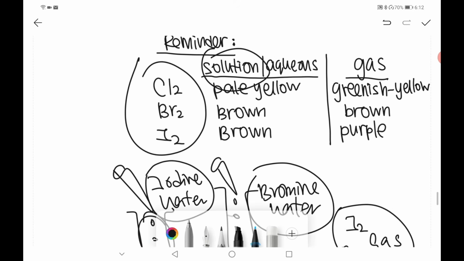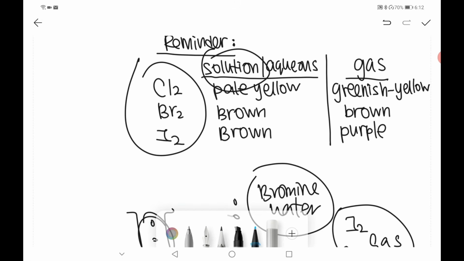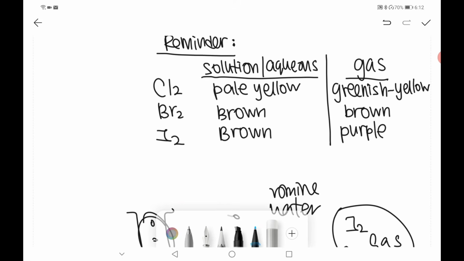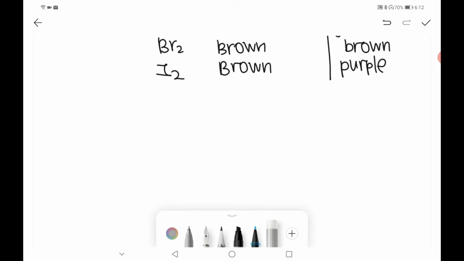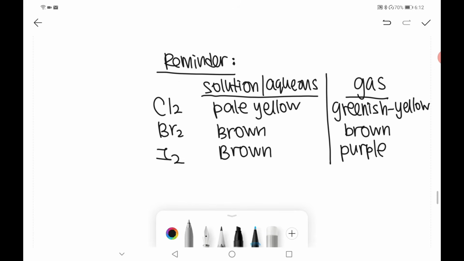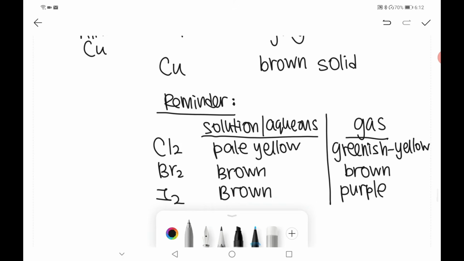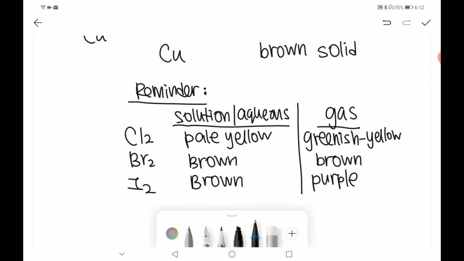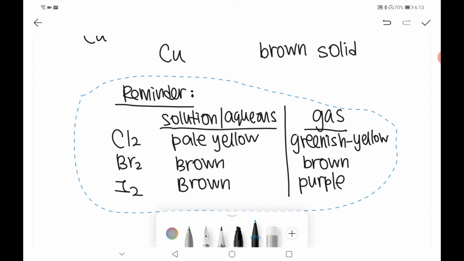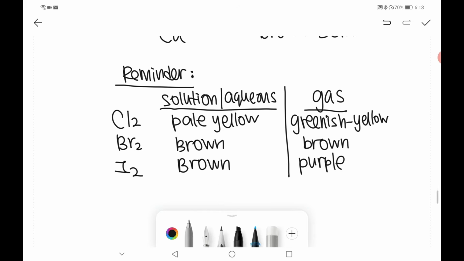You have to be very, very careful with the color, because many students mess up the colors with the ones they learned back in metal displacement. Let me put it in a box.